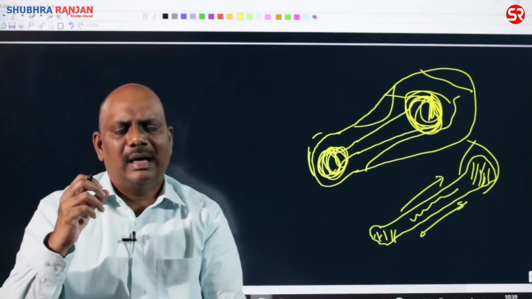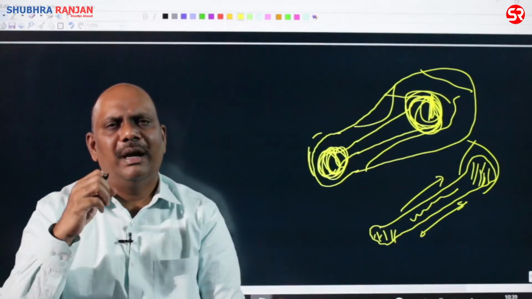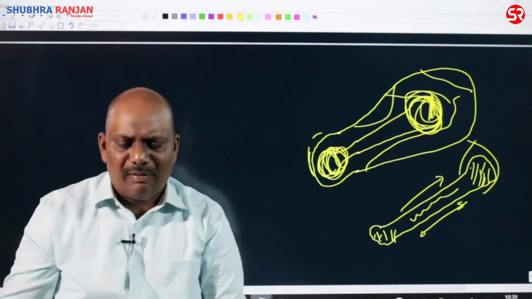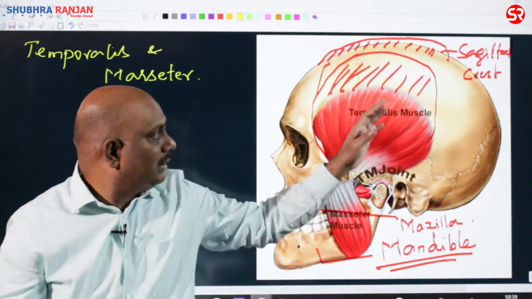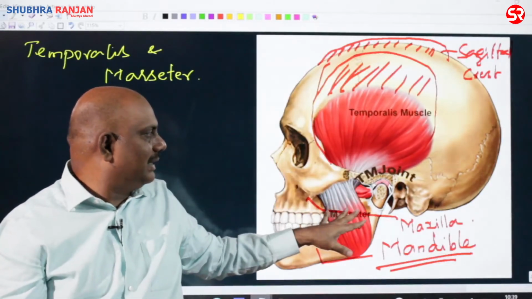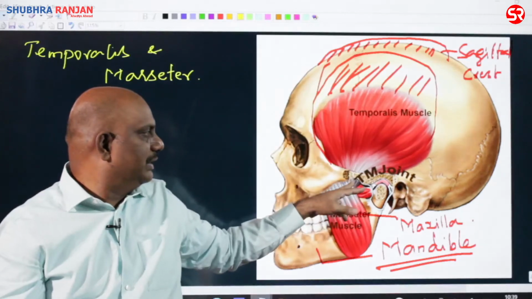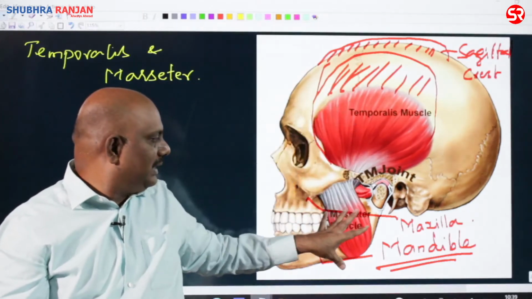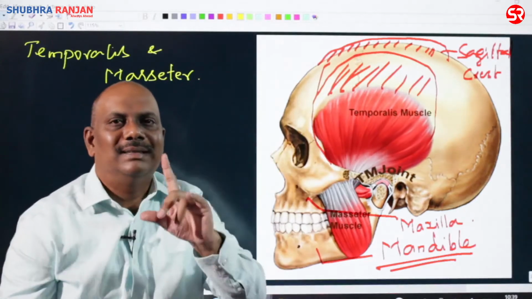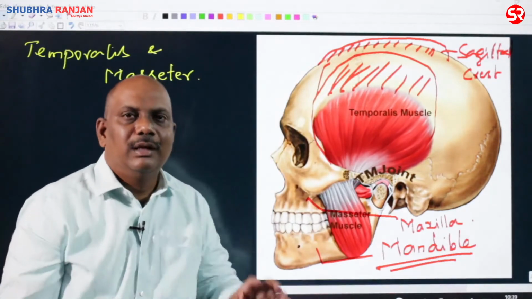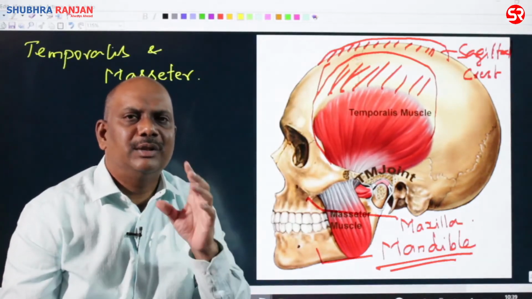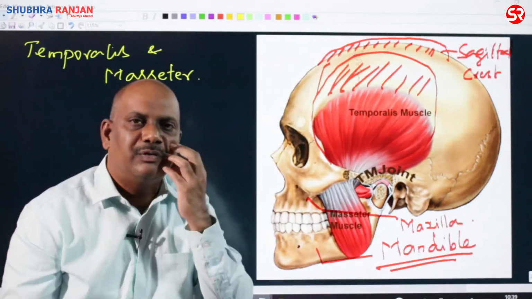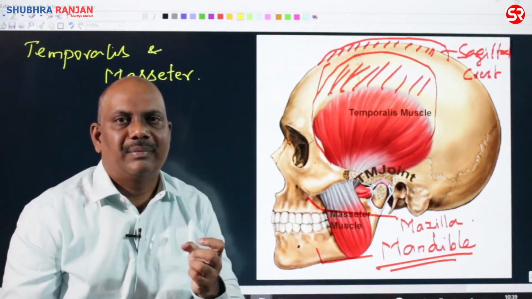So our Australopithecus spent a lot of time biting and chewing. For that, there was a greater development of two muscles, temporalis and masseter. Both the muscles join here. Remember this masseter and temporalis. These are the muscles we use for biting and chewing.